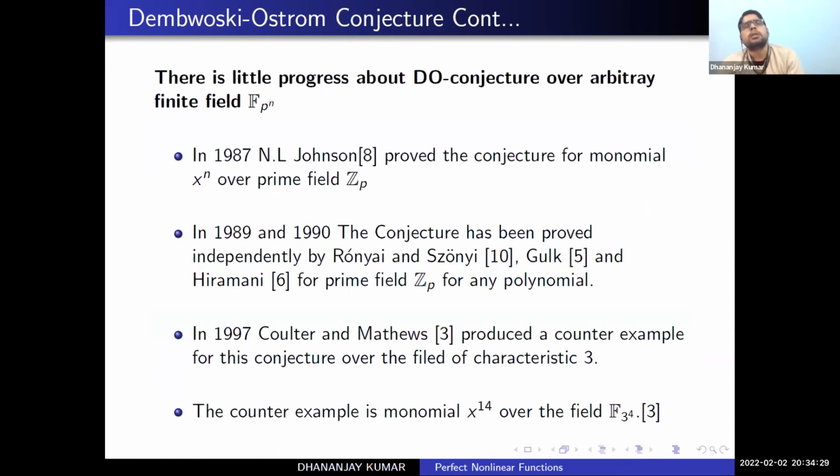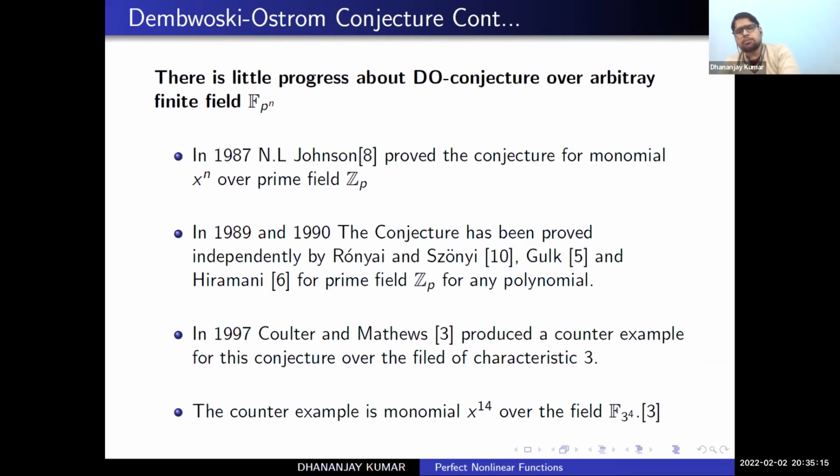They conjectured that any planar function must be a Dembowski-Ostrom polynomial. After that there was some progress on the Dembowski-Ostrom conjecture. In 1987, N.L. Johnson proved this conjecture for monomials x^n over the prime field Z_p, and in 1989 and 1990 several mathematicians, Ronyai, Gluck and Hiramine, proved this for any polynomial over the prime field Z_p. In 1997 Coulter and Matthews produced a counterexample over the field of characteristic 3: x raised to the power 14 over the field F_{3^4}.